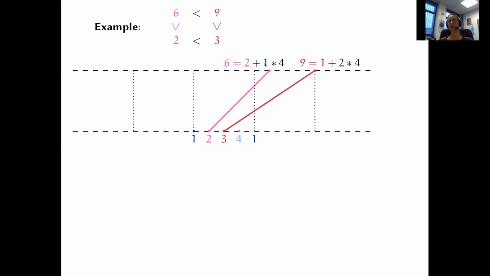So here for the first strand, you need the winding number 1, which means that you need to go to the neighboring square to the right. For the right one, you have 9. 9 is 1 plus 2 times 4. It means that you need to go to the second square on the right. And you draw your straight lines.